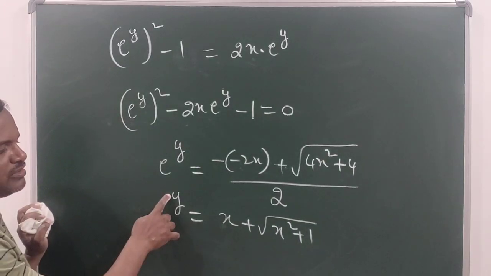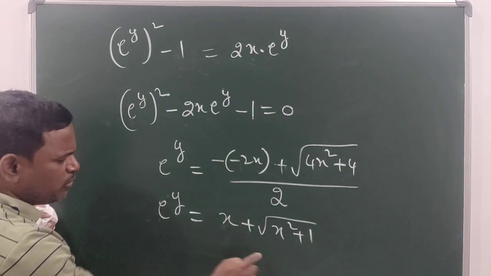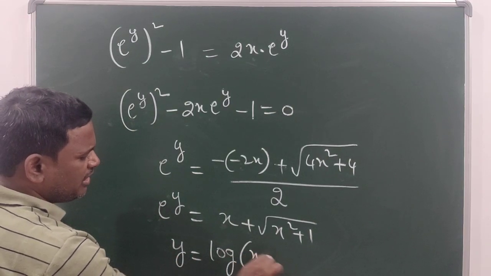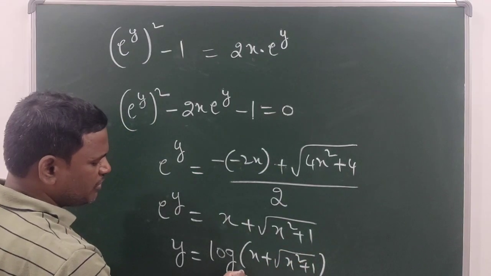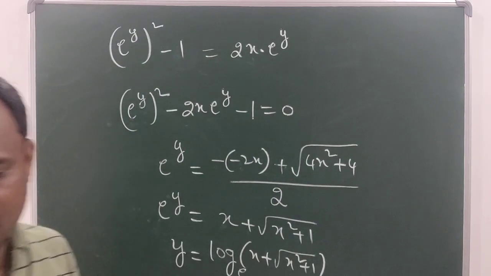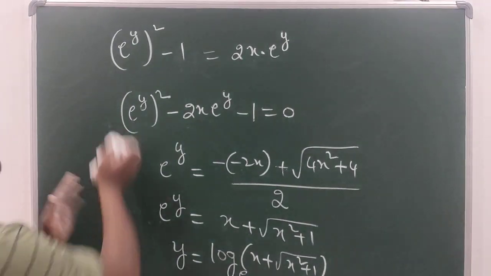Okay, now e^y is equal to x plus root of x square plus 1, you got. When you transfer e to the right side, now y is equal to log of x plus root of x square plus 1 with base e.